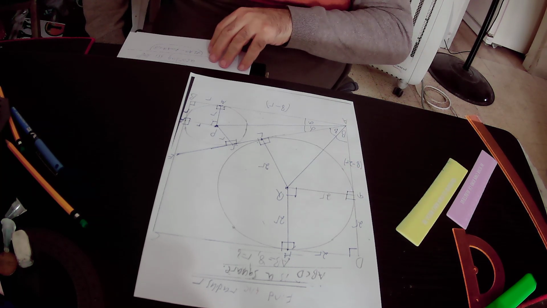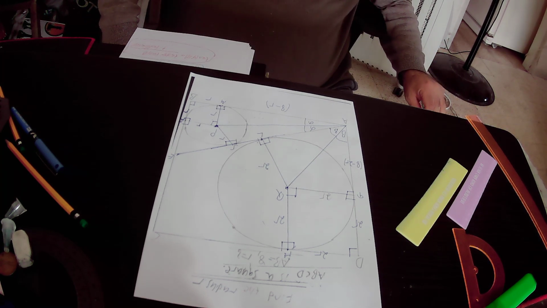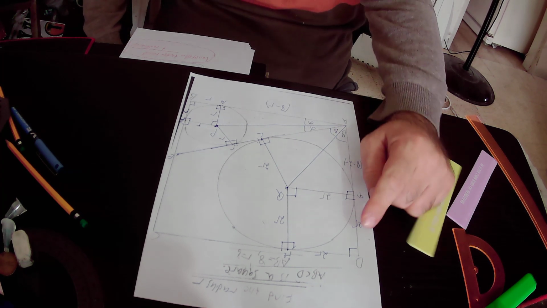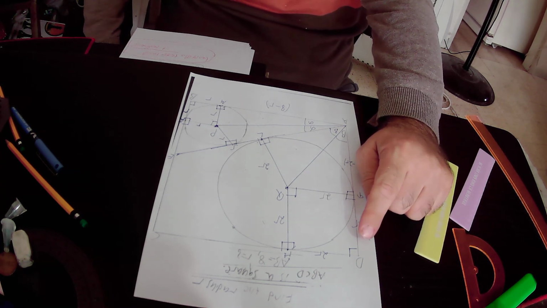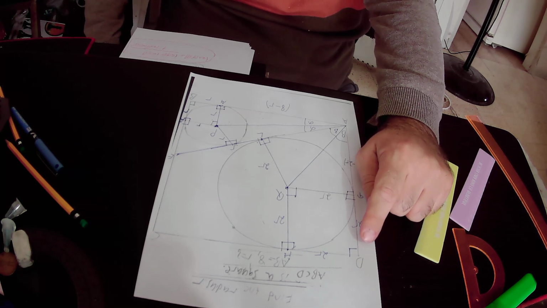Okay, and this angle is one out of 4 angles of square ABCD, therefore it equals 90 degrees.